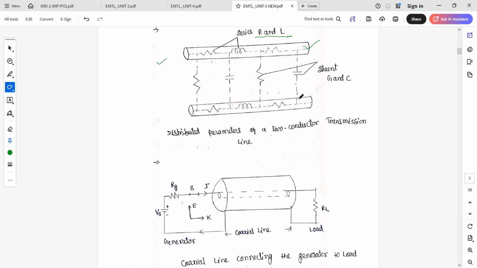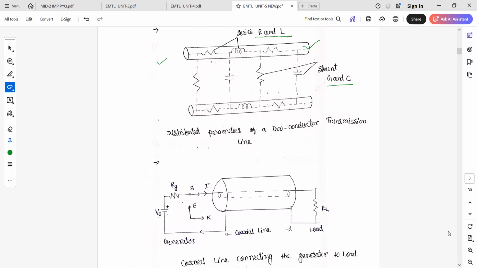Here it is in series, here in parallel, that is G and C. C is the capacitance per meter, and G is the conductance per meter. So first you can define R, L, G and C, and how they are per meter. Then you can draw this diagram and write clearly how the series and parallel connections are. Like this, you can get the marks.